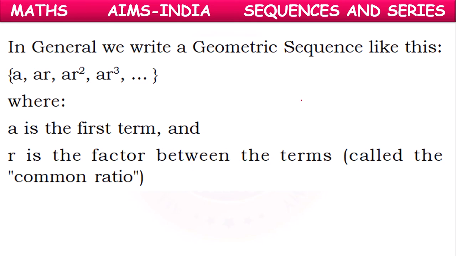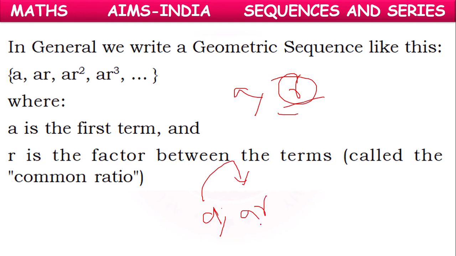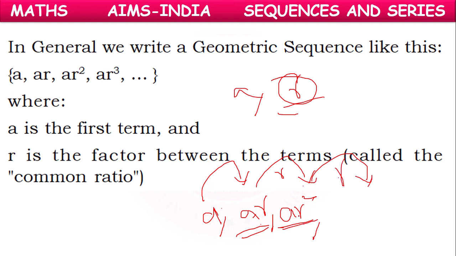If the common term we are multiplying is R, and suppose the first term is A, then the second term can be obtained by multiplying the first term with R. The third term can be obtained by multiplying the second term with R: AR into R, AR square. The next term is obtained by multiplying the previous term with R: AR square into R, AR cube.